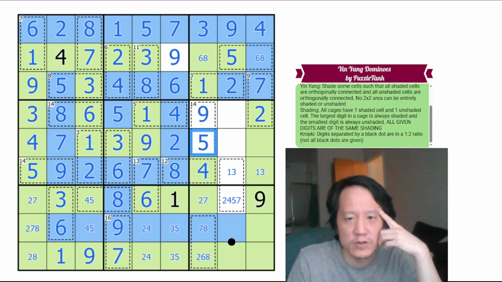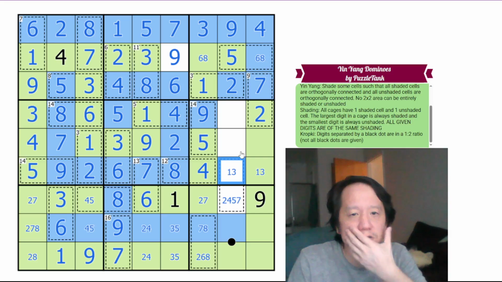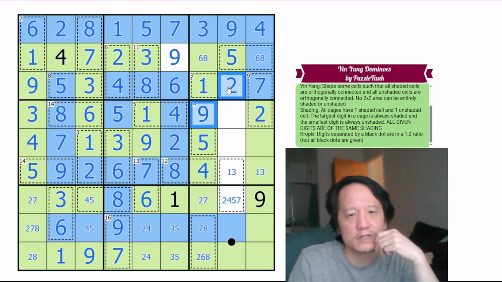5 is smaller, so it's unshaded. Blue is green. 9 is the larger one. This is a blue cross diagonal, so this can't be green. This must be blue then.